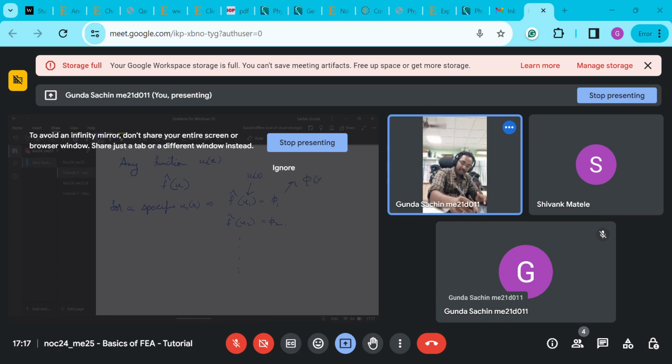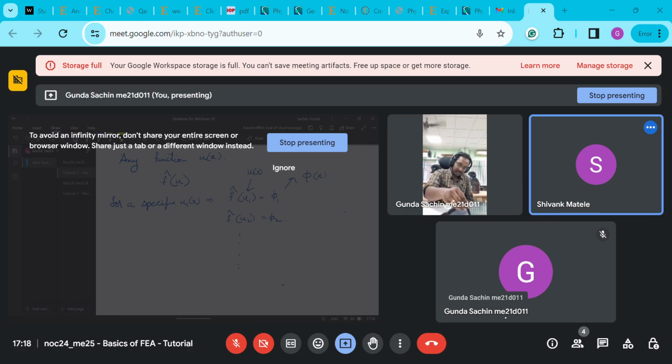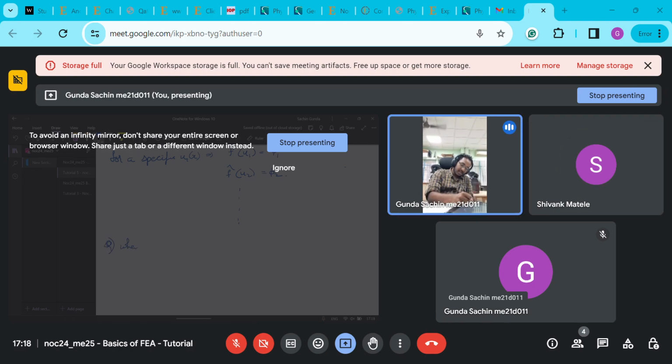So in general, inputs are like u of x, and the output is some phi. So you want to find when phi would be maximum, for what input u, or when it will be minimum, for what input u. You get it?